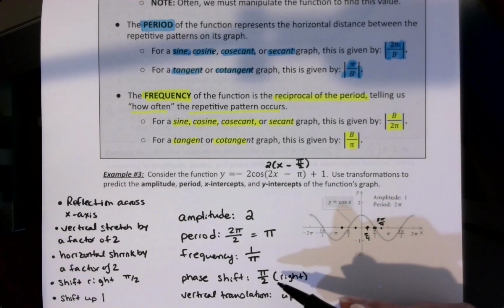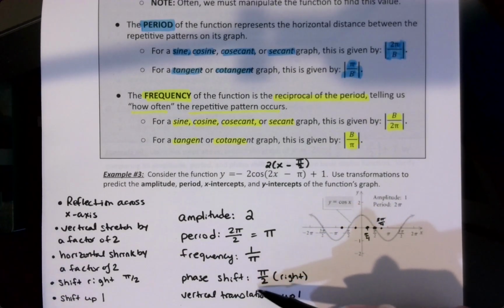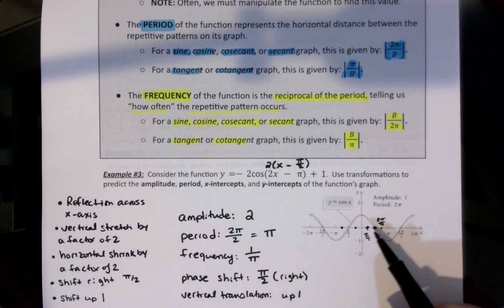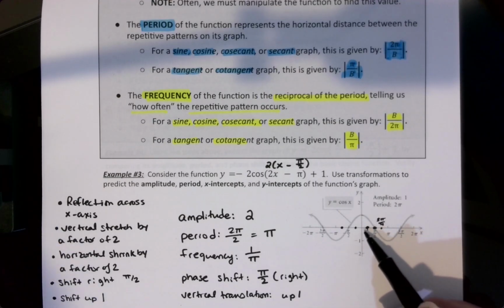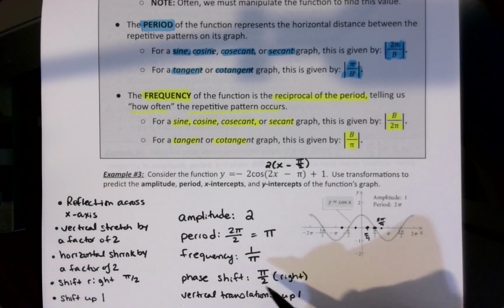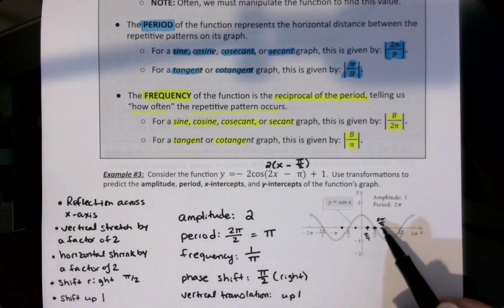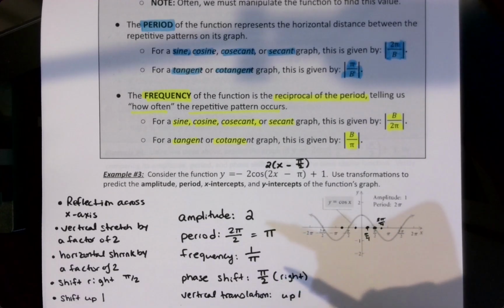So pi halves is 2 pi fourths. So this would be an even amount of pi fourths. And right now they are at odd multiples of pi fourths. So if you take an odd multiple of pi fourths and you add an even multiple of pi fourths to it, odd plus even is still odd.